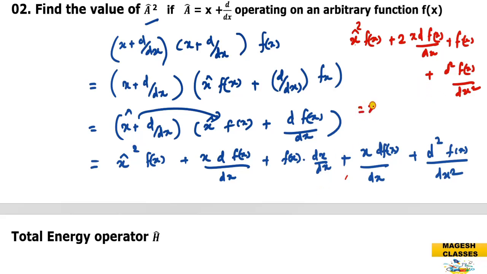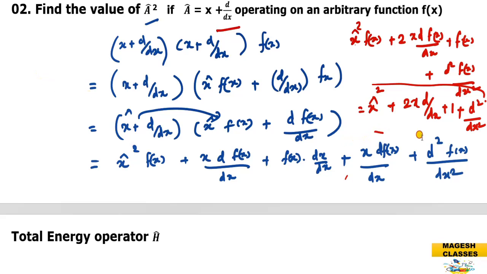This is equal to (x squared plus 1) f of x. So (x squared plus 2x d/dx plus 1 plus d squared/dx squared). So this is the end. Okay, so find the value of (x plus d/dx) squared is equal to this one.